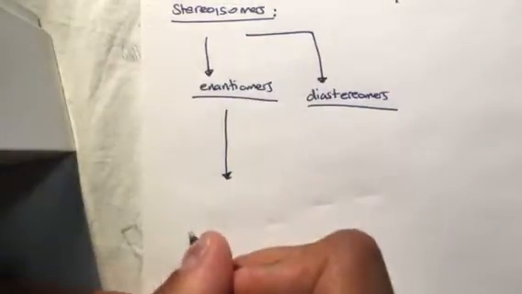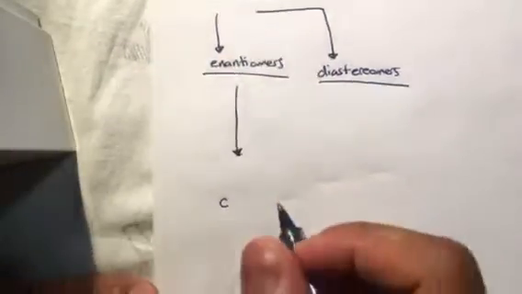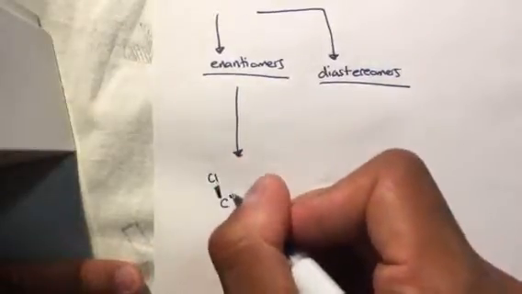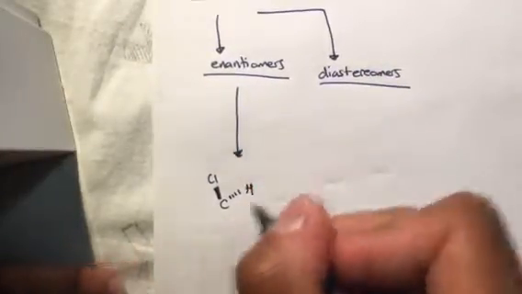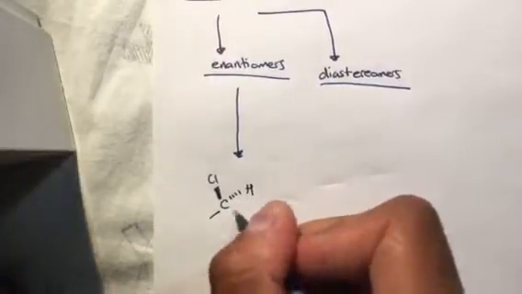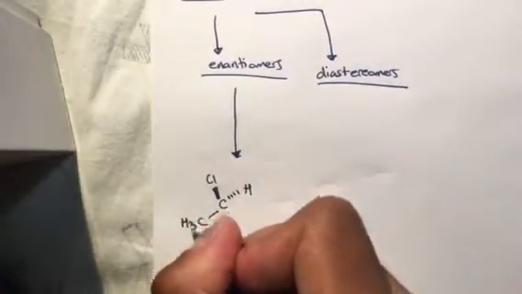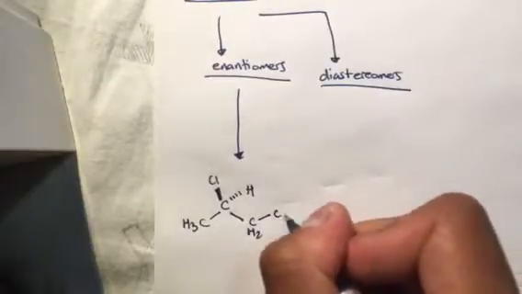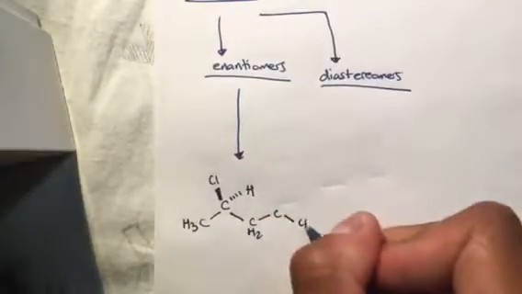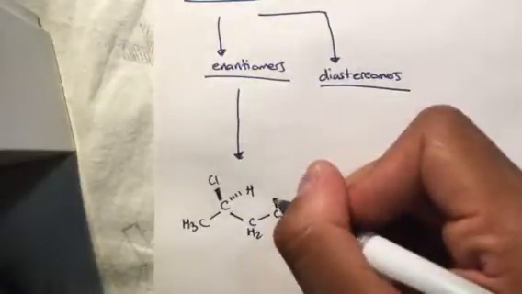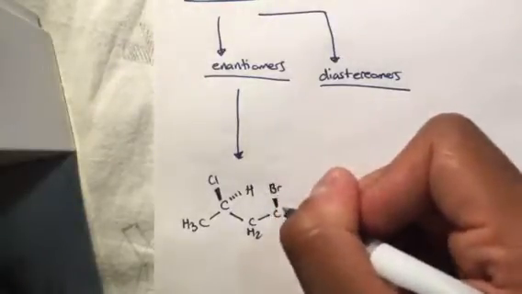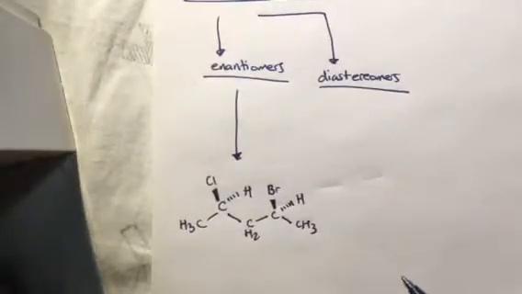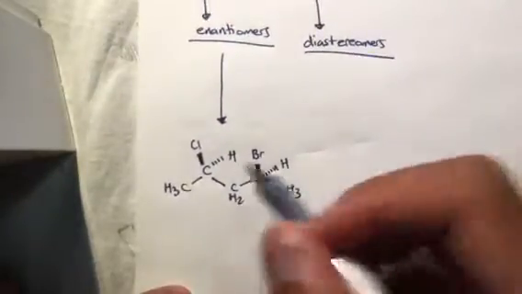So if you look at one example, let me draw this out. It says carbon, chlorine, okay, so we have this compound.